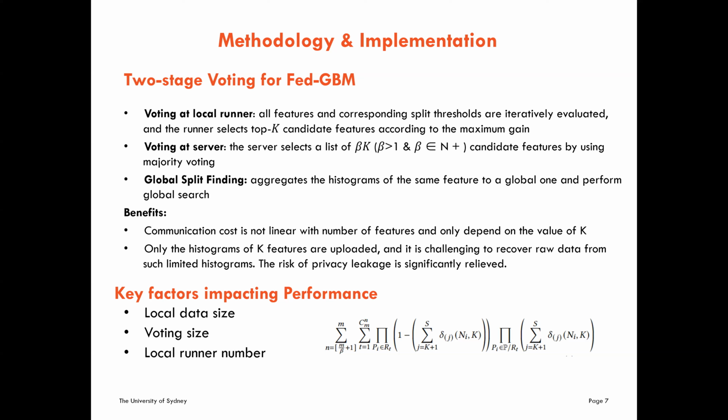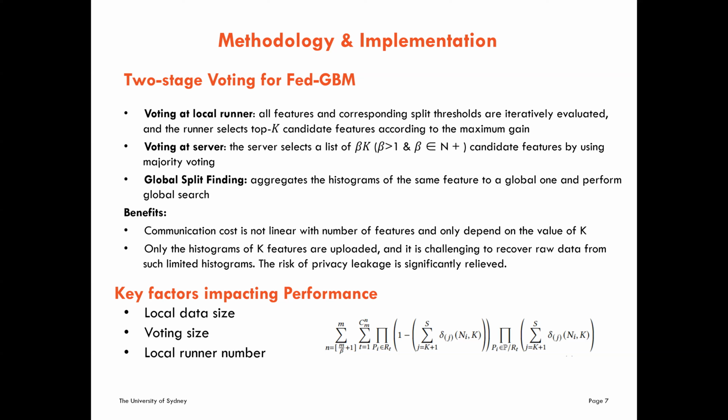First, communication cost is not linear with the number of features and only depends on the value of K. And second, only the histograms of the K features are uploaded to the server, and it is challenging to recover the raw data from the histograms. So the risk of privacy leakage is significantly relieved.